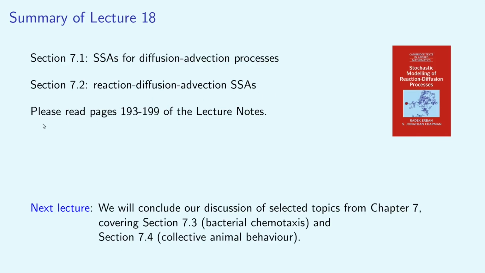Please read pages 193 to 199 of the lecture notes before watching the video of lecture 19. In our next lecture, we will conclude our discussion of chapter 7, where we only cover some selected topics. We will discuss section 7.3 on bacterial chemotaxis and section 7.4 on collective animal behavior.